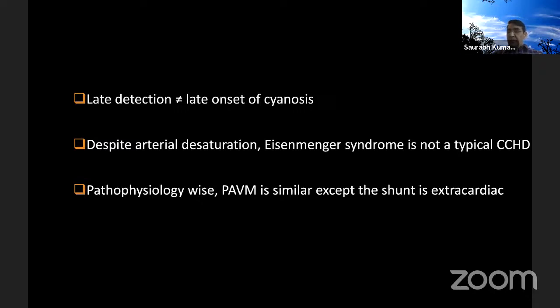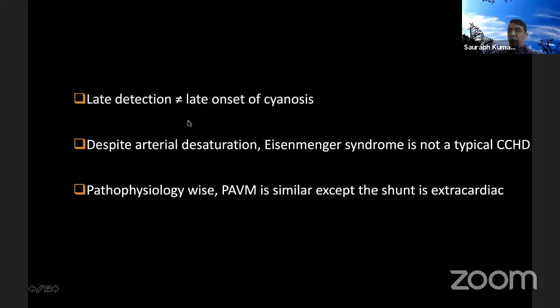So the summary of what I have said till now is that arterial desaturation is not the same as cyanosis, and late detection is not equivalent to late onset of cyanosis, because, as I emphasized earlier, clinical detection of cyanosis depends upon so many conditions, including the experience of the examiner. So we can think how difficult it would be for the patient and their relatives to pick up mild or moderate cyanosis.